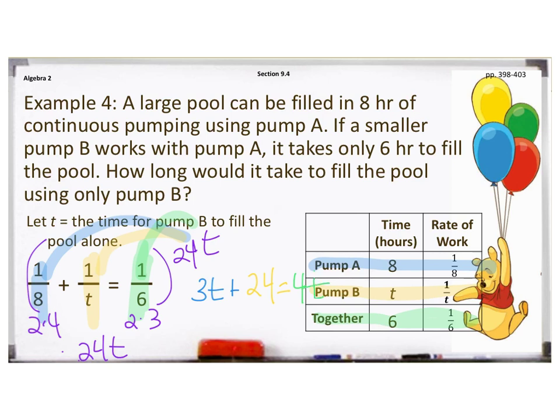If I subtract the 3T, I have 24 equals T.